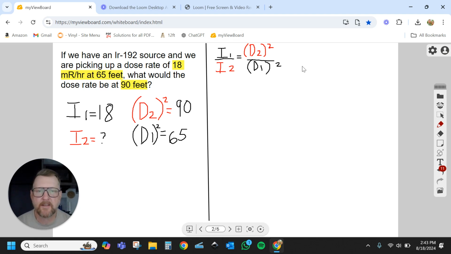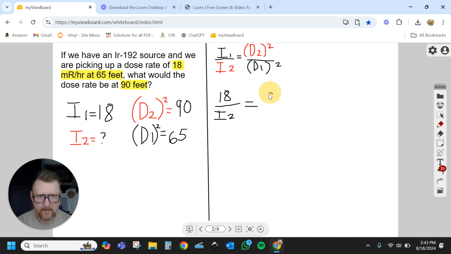So we just take this exact formula: intensity 1 over intensity 2 equals distance 2 over distance 1, each squared. We just change these. So intensity 1 is going to be 18 over intensity 2. I don't like to put the question mark, and you'll see why.